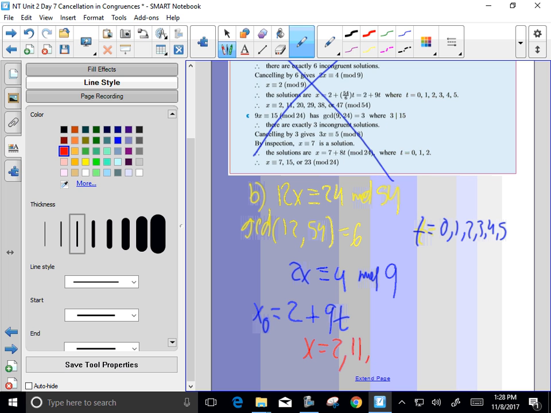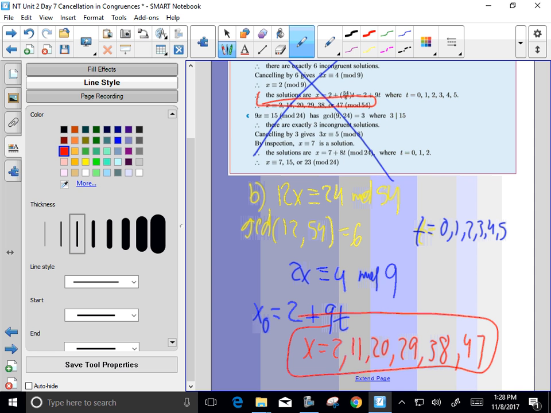Yep, and so you're going to add 9: 20, 29, then what? 38, and then what? 47. Is that it? Those should be all your answers. Mod 54, not mod 9, mod 54. Doing okay?